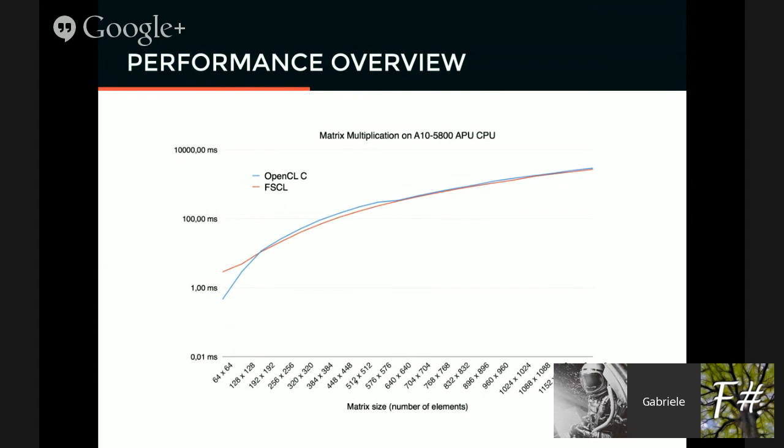As you can see, sometimes the F# version outperforms FSCL. This is mainly due to memory pinning, but anyway, generally the performance is the same. So if you are worried about using FSCL because you think C is faster, it's not like that all the time. So you may use FSCL without losing performance.